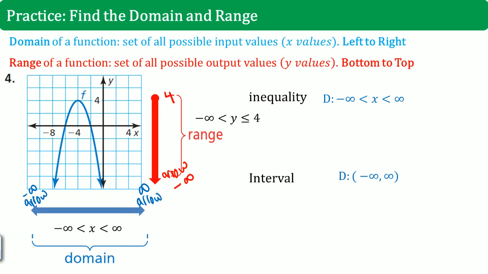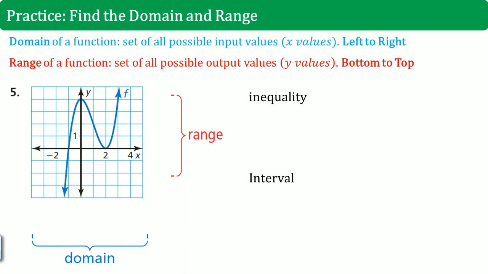You make sure you open it, y, then you close it because you touch the 4. This does touch the 4. That's how it looks like in this inequality. When you write as an interval, you open the parentheses at negative infinity and you close it with a closed bracket at the 4 because it touches the value of 4.